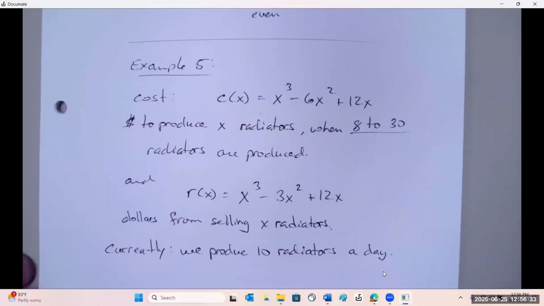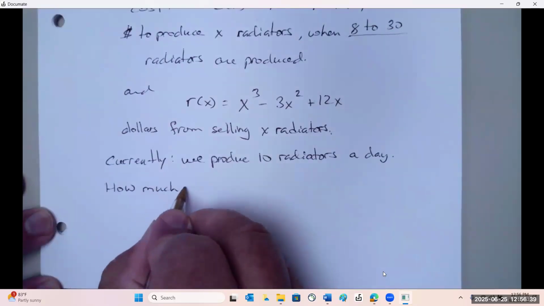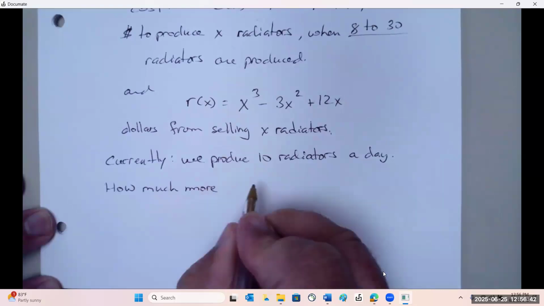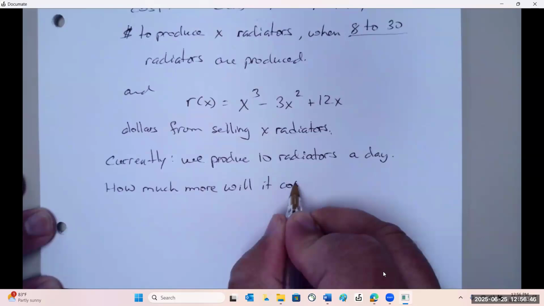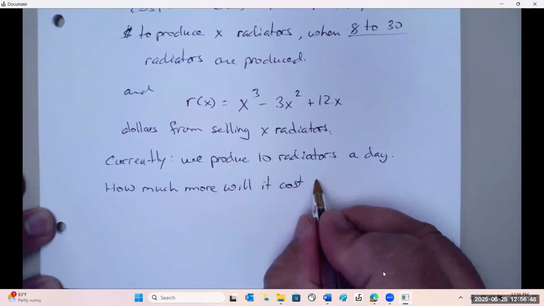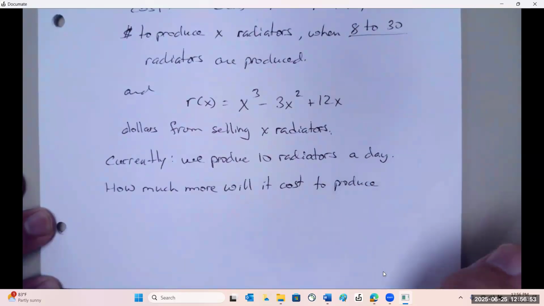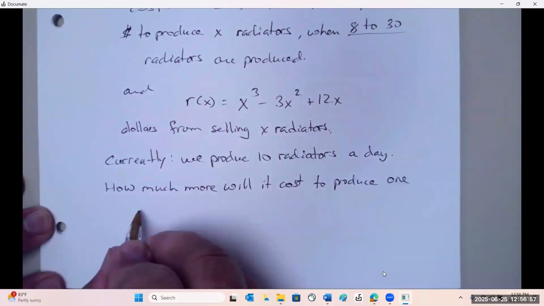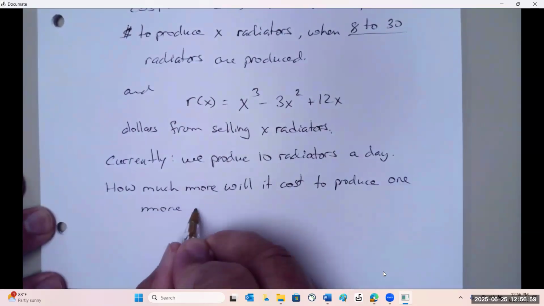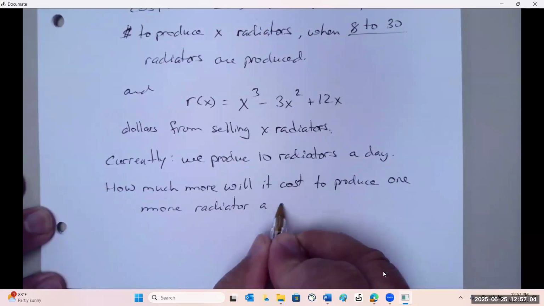How much extra will it cost to produce one more radiator a day?